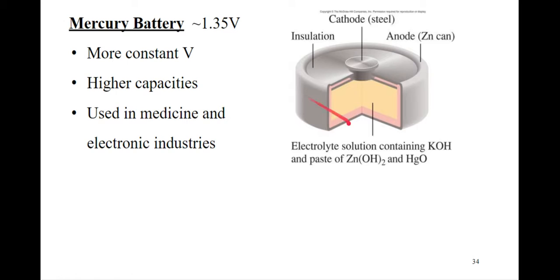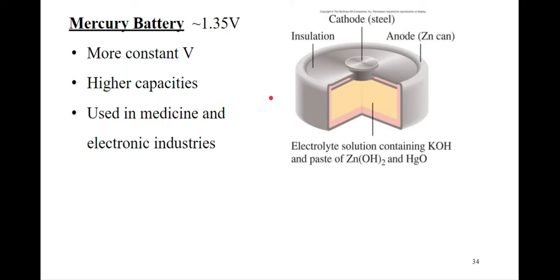Another type is the mercury battery. Mercury batteries are not a whole lot different besides the setup. They still use an electrolytic paste. They're called mercury batteries because of a mercury oxide that's used throughout. These have the benefit of greater capacities and a more constant voltage, but they have to be encased in stainless steel, so they're more expensive than other dry cells.